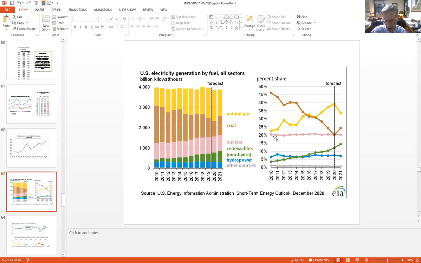Natural gas, because there's so much of it available, and because the supply exceeds demand, pricing is really down. On the other hand, we've got this continuous growth in demand for primarily solar energy.